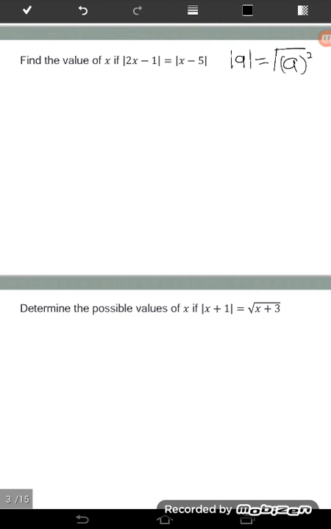Okay, so kita letak dekat dua-dua ni modulus ni. So we have square root of (2x minus 1) square is equal to square root of (x minus 5) square. Okay, so next, taking square on both side. Okay, so kita letak kuasa 2 dekat dua-dua belah.